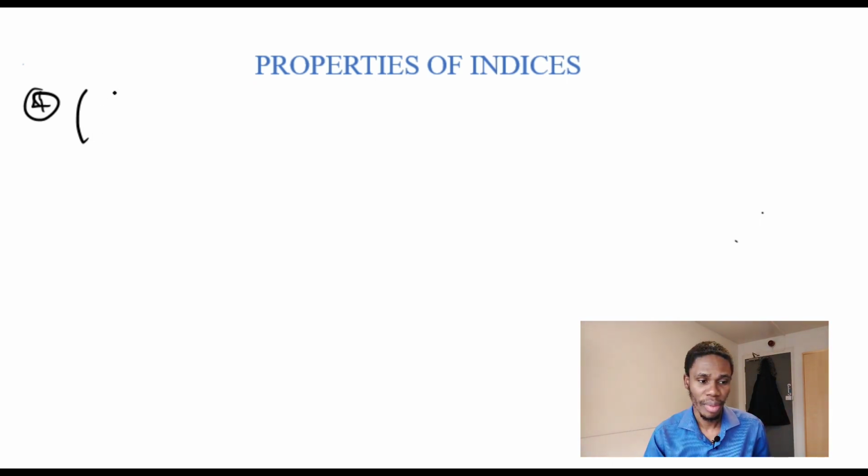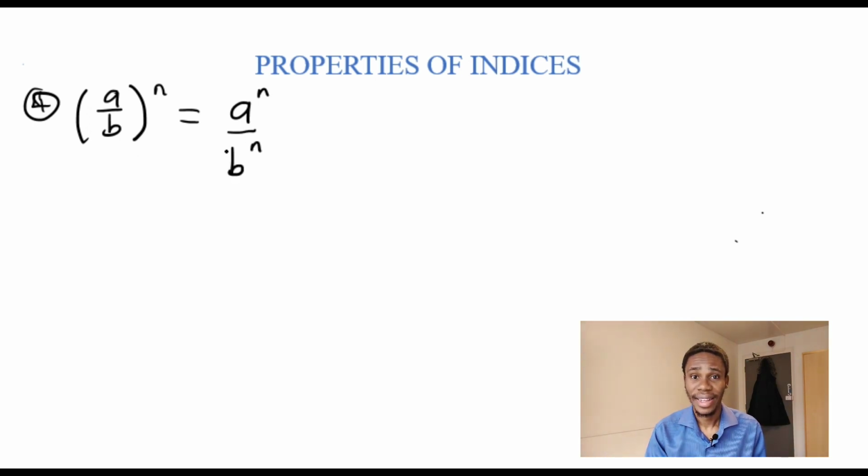When we have our variables a out of b all to the power n, what this property states is that it can be rewritten as a to the power n divided by b to the power n.